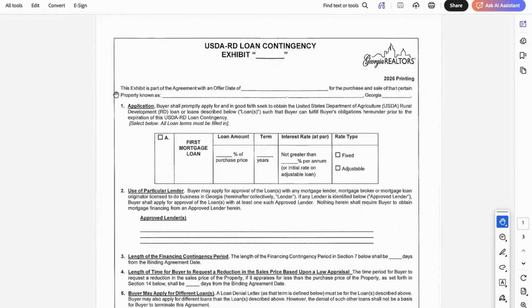This exhibit is part of the agreement with an offer date of, for the purchase and sale of that certain property known as, application.